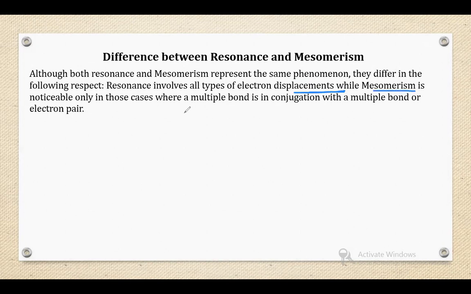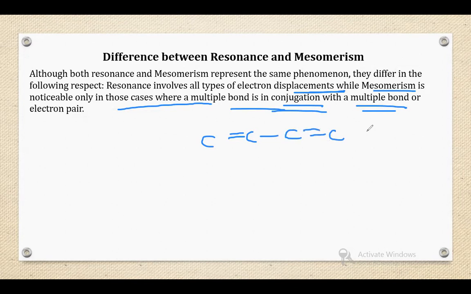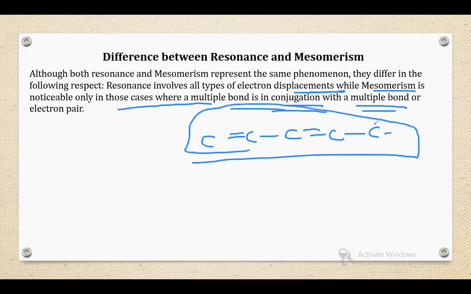While the mesomeric effect is noticeable only in the case of multiple bonds in conjugation with multiple bonds or electron pairs, with alternate double or triple bonds in an unsaturated compound.